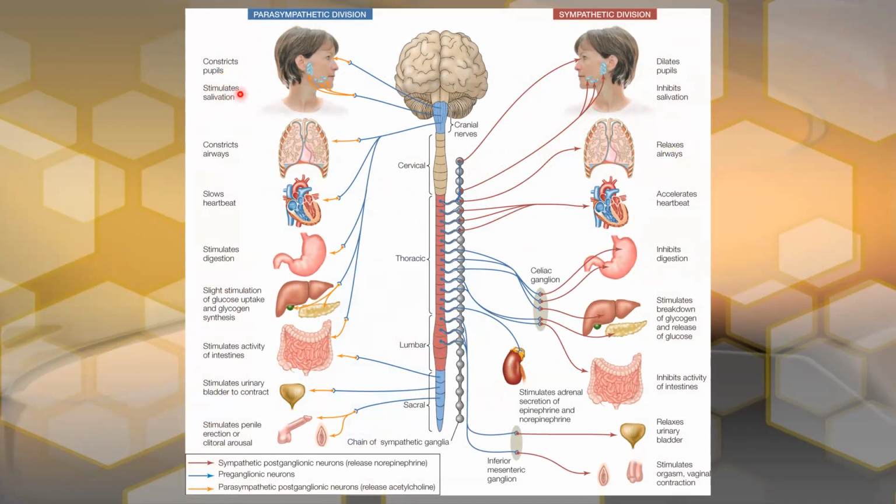So in digestion, salivation is really, really important. For the respiratory system, it will cause constriction of the airways, slow heartbeat, stimulate digestion, and all activity related to digestion. And while for sympathetic, it is the other way around, okay?